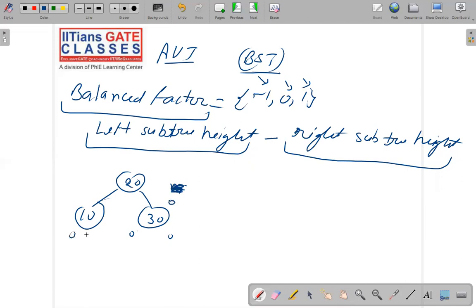Here also the left subtree height is 0, right subtree height is 0, and the balance factor here is 0. And the height of the left subtree is 1 here, it is 1 here, so the balance factor is 0 again. So this is properly balanced. It is either -1, 0 or 1.